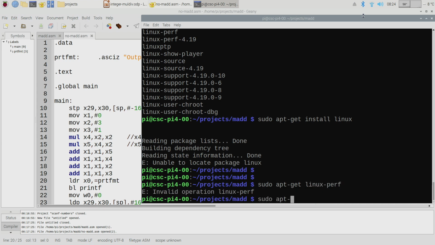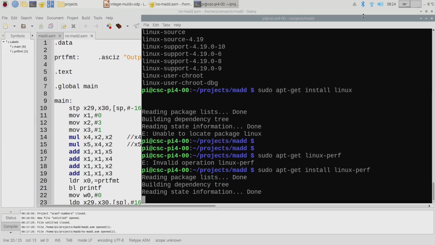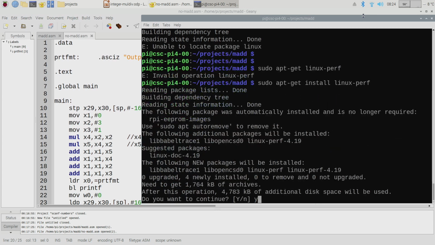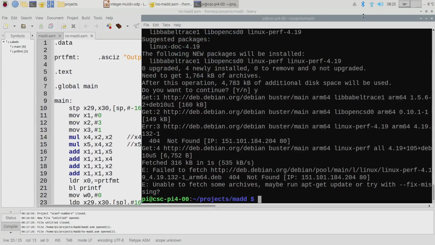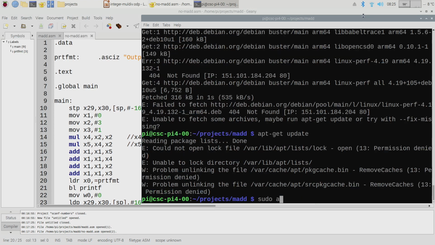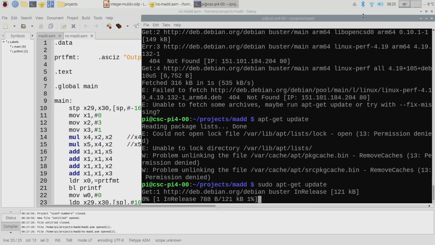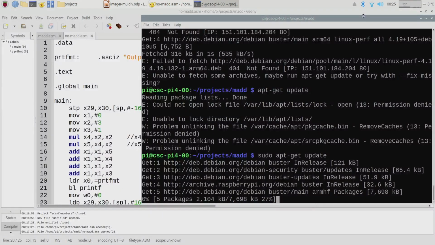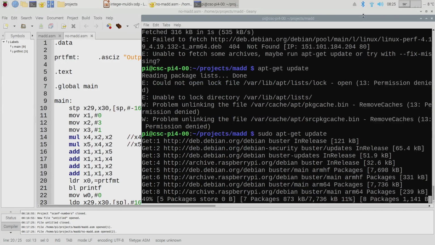Ah, I always forget the install part. All right, I'll let that run.